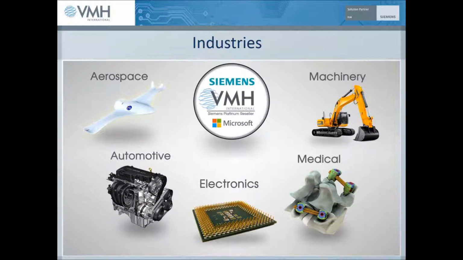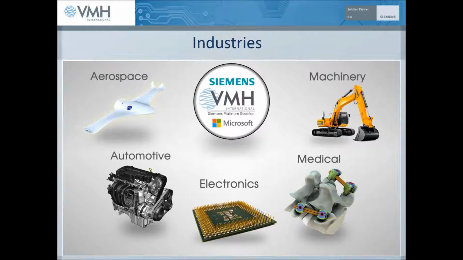The automotive industry, from GM, from Chrysler, are also big users of our NX suite of products and services as well. The electronic community, well, can't say a lot of these names, but from Apple to Bose and Sonos are also using our software to get their product to the market fast as well.